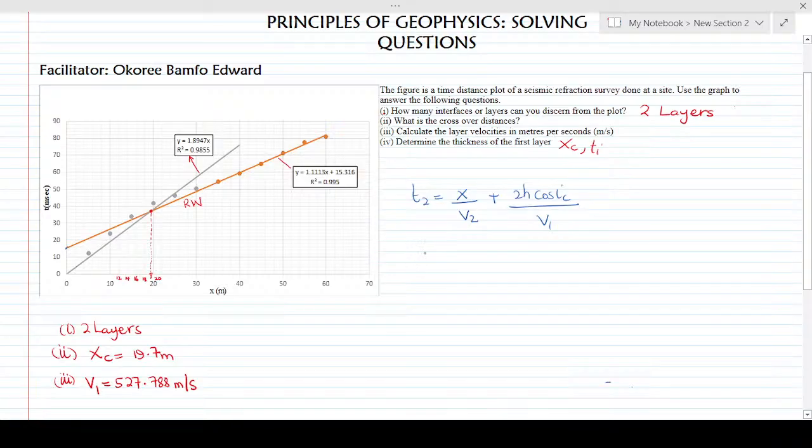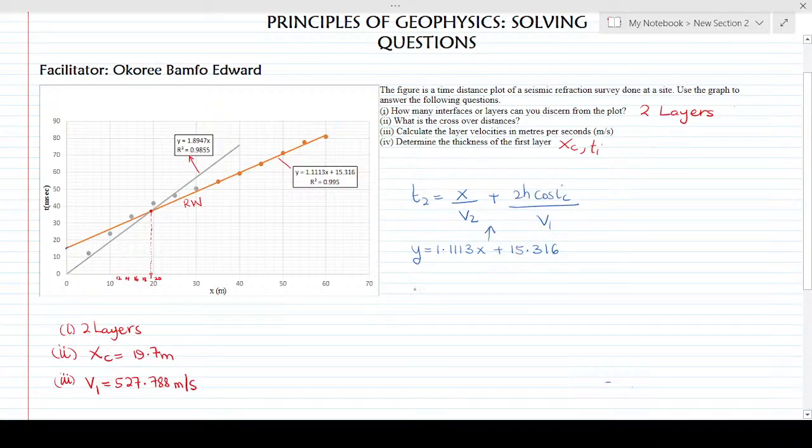The equation of that line is equal to 1.1113 x plus 15.316, right? Now let's compare this with this equation.